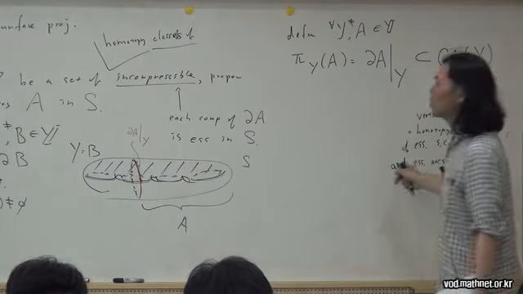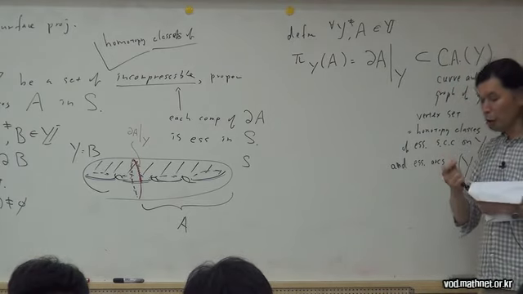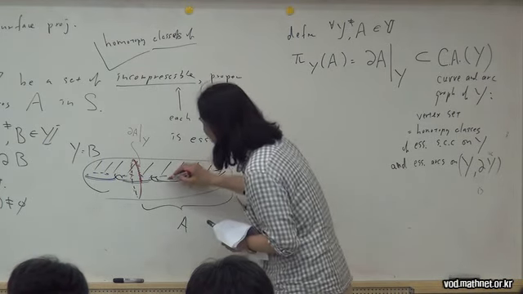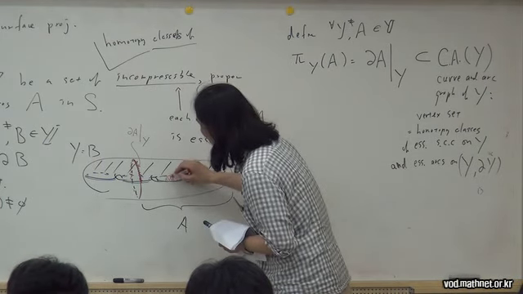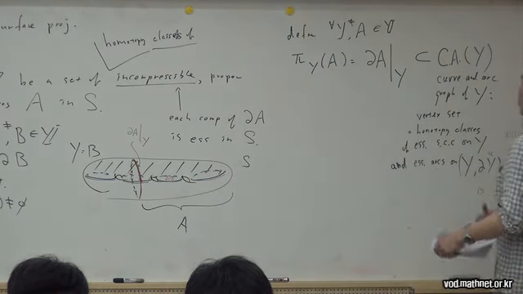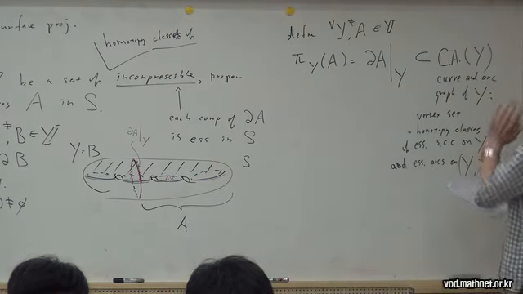Essential means the same thing again: it's not homotopic to the boundary. For example, this one is not essential because you can just homotope it into the boundary. So this is a definition.